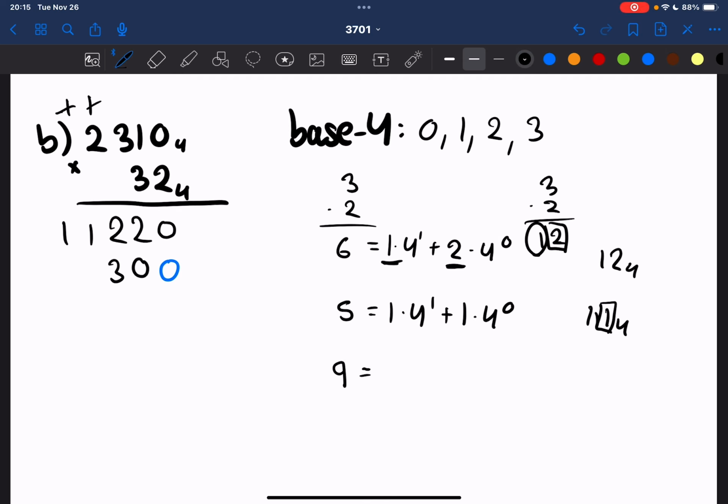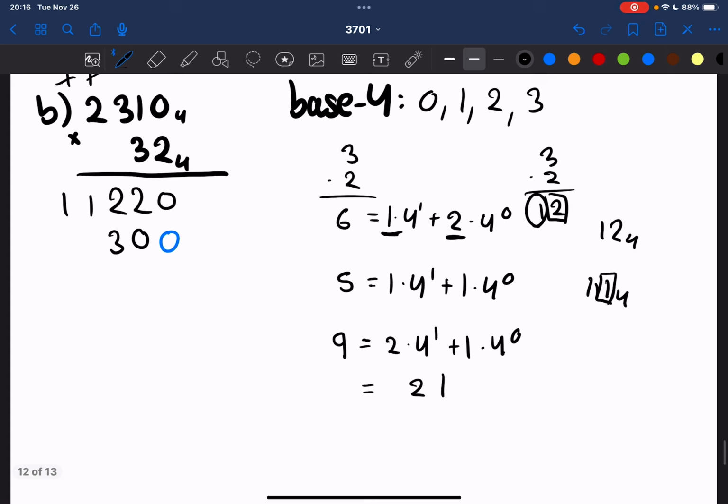Well, 9 is just 8 plus 1. So that'd be 2 times 4 to the 1 plus 1 times 4 to the 0. So that means we would have 21 as our value. I believe that's right. So 3 times 3 is equal to 21 in base 4.